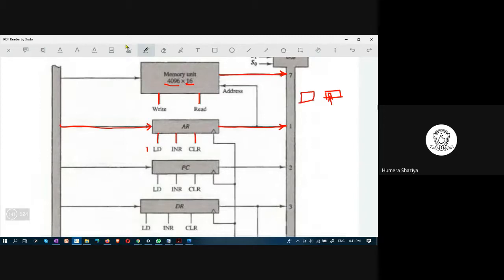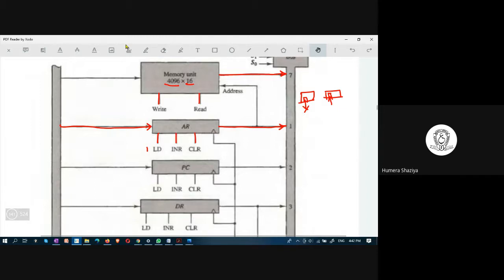After you reach your college, you get down from the bus. So data from one register would travel on the bus and would enter the destination register depending on this load input.